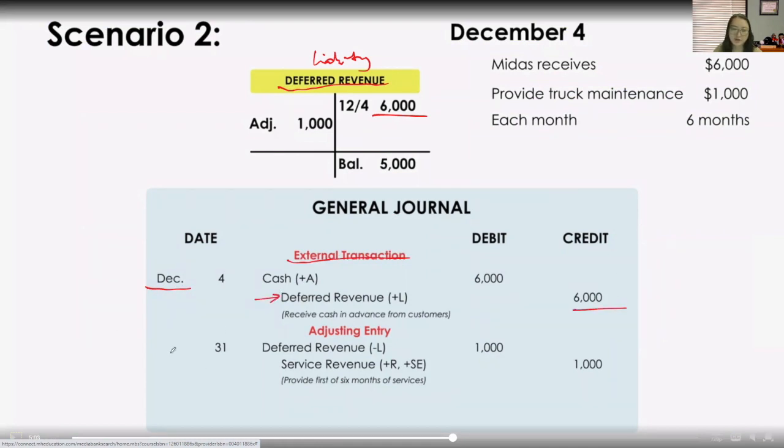Then during December, due to the time elapsed, we did perform our services. Hence, we earned 1/6 of this $6,000 prepayment. Therefore, we reduce the liability account and increase the revenue account by $1,000, right?